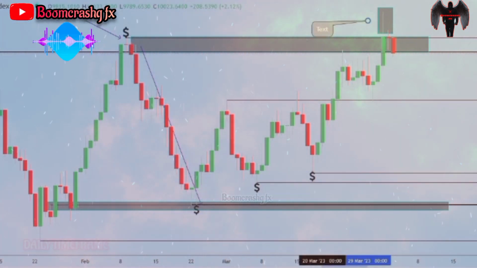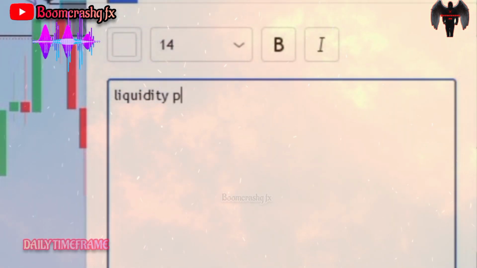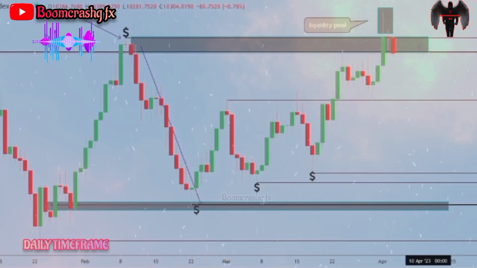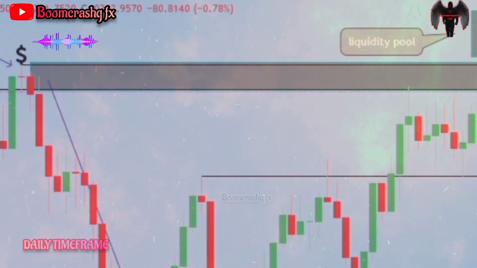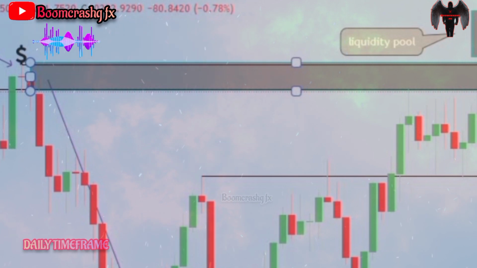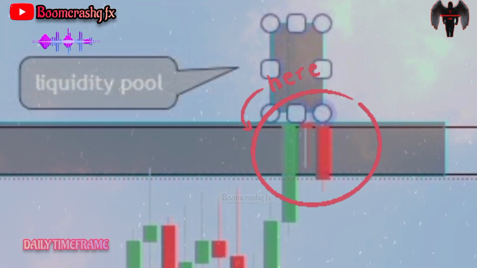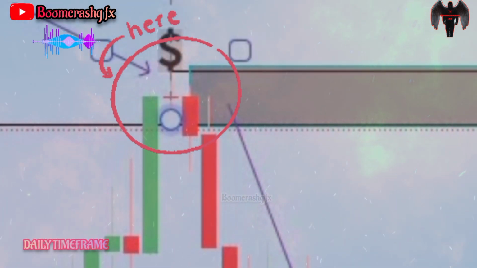So we call this a liquidity pool. The market took all the liquidity above these highs, and you see the market went back into this zone. You see the other candle, the bearish doji candle, in a similar form to the one we have here.